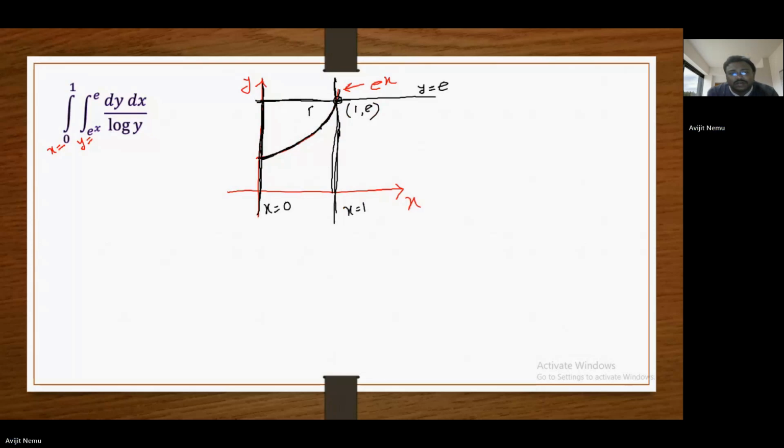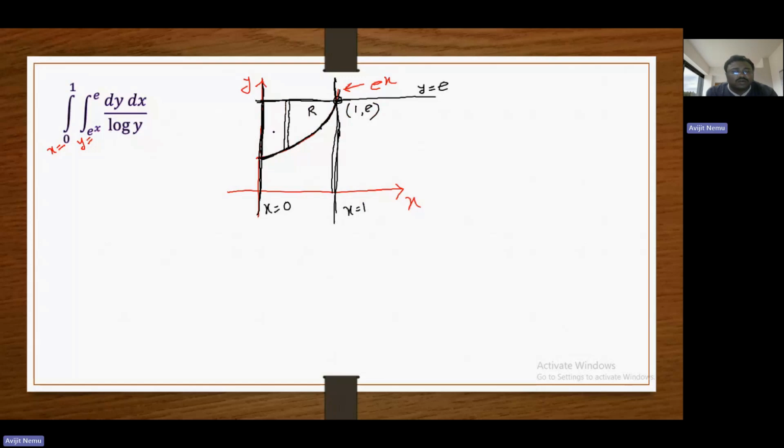Region R. Now, according to the problem, the range for y contains variables. So they have given this problem by considering the vertical strip.